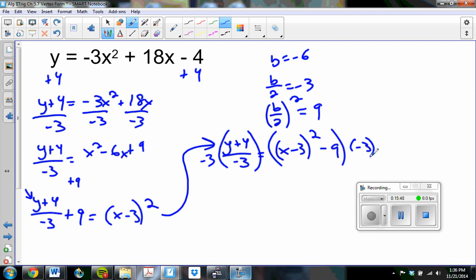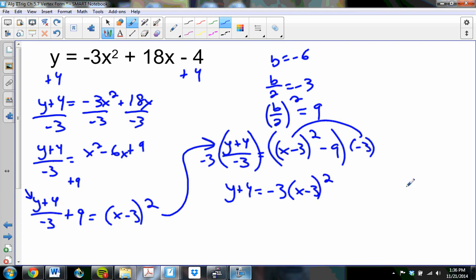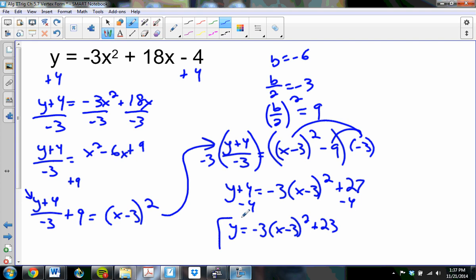And that's going to give me y plus 4 equals, this negative 3 I'm going to distribute here, negative 3 times (x minus 3) squared. I don't bother foiling or distributing that. And it distributes here, plus 27. Then I finally subtract this 4 from both sides, and I get that y equals negative 3 times (x minus 3) squared plus 23. And that's pretty much as bad as we'll make it in this class.